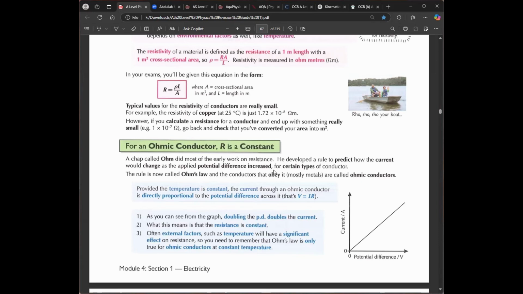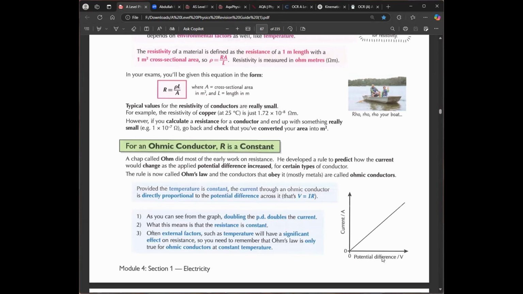The non-ohmic conductors don't actually obey Ohm's law. So basically, V equals IR does not totally reflect how they work. So whenever you see a straight line, you know that this is an ohmic conductor. All of these equations we talked about hold for that.